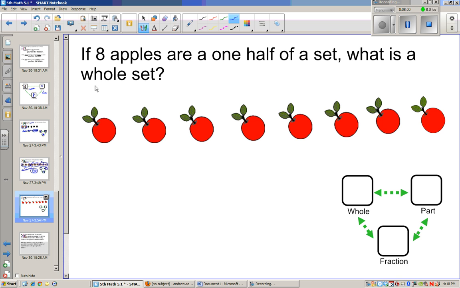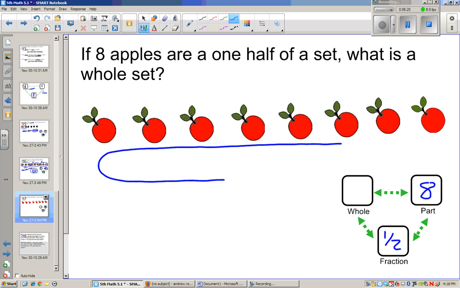So if 8 apples are 1/2 of a set, what is the whole set? Well, 8 apples is only 1/2, so we know we've got a fraction. And it's only 1/2, so that must be a part. That means that these 8 are only a part of the whole set. We're missing the rest of the whole set. We need to find out what the whole would be.